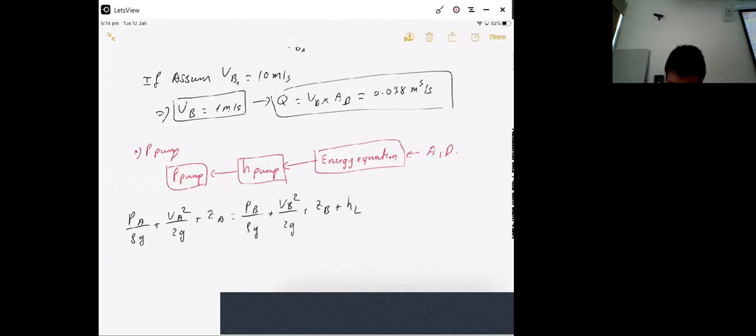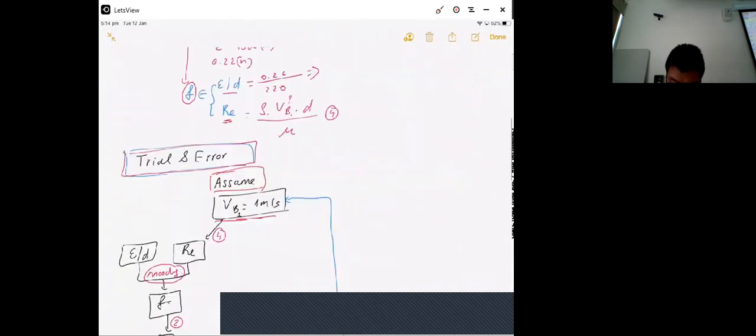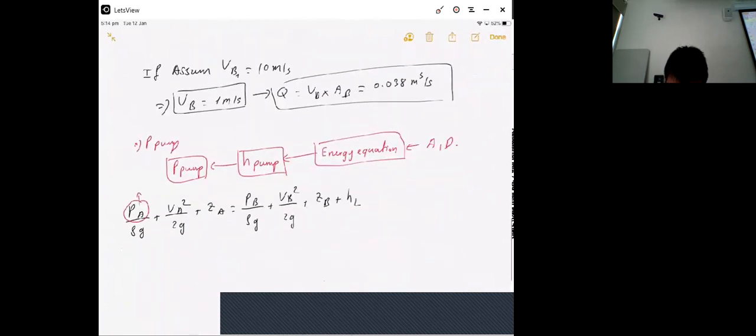With PA, we use 101.3 kPa, which is 101,300 Pascal. VA is 0 and ZA is 0. Oh, sorry, point D, not point B, sorry. Point D.